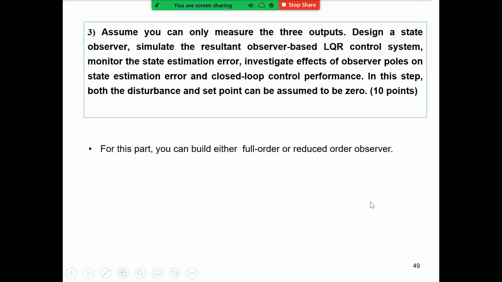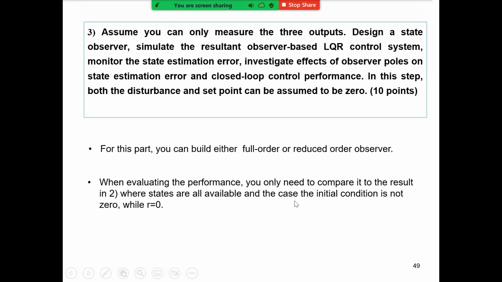All right. For this one, you can build either a 4-order observer or a reduced order observer. When evaluating the performance, you only need to compare to the result where the states are all available, in the case where the initial condition is not 0.